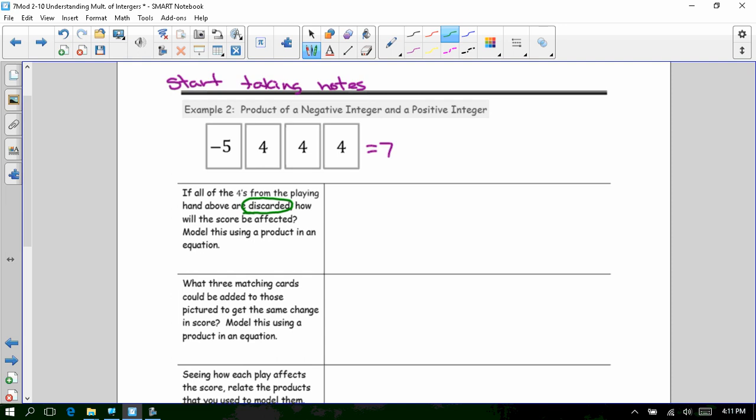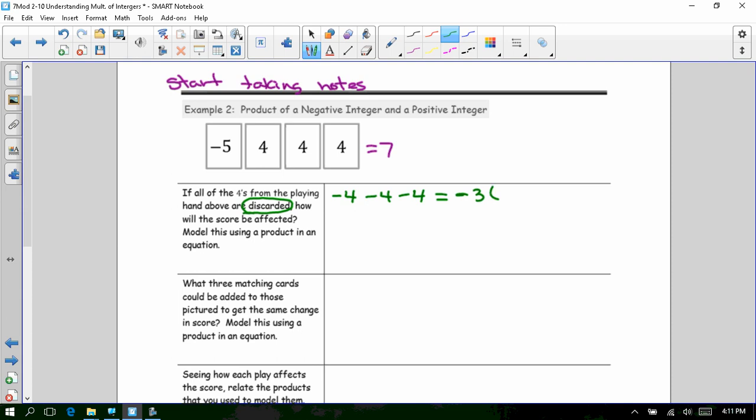Okay. If I'm going to remove them, I'm going to take a 4 away and another 4 away and another 4 away. Takeaways. You remember takeaways when you were a little kid, right? I could rewrite that. I could take away 3, but take away is negative.